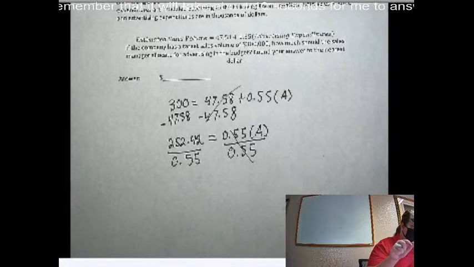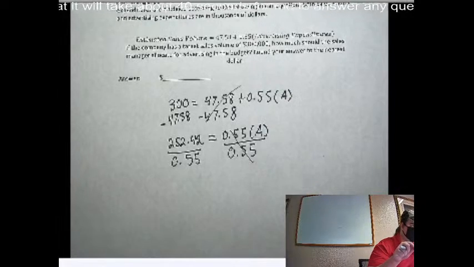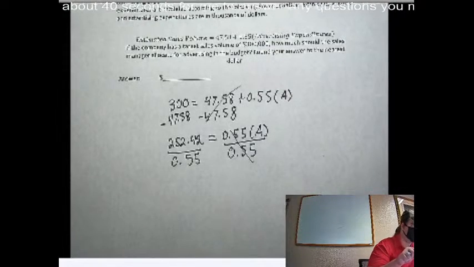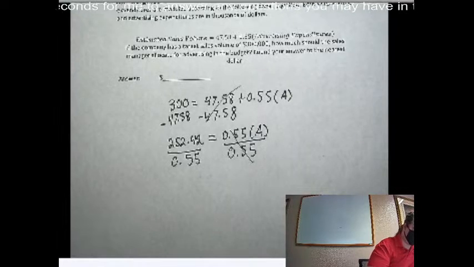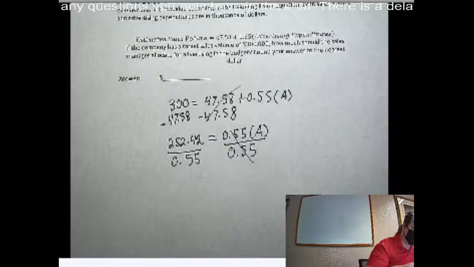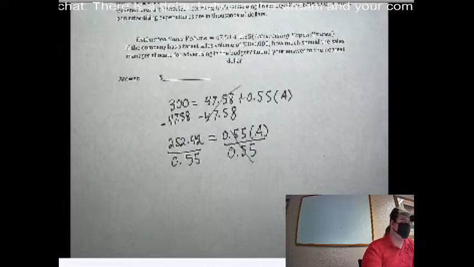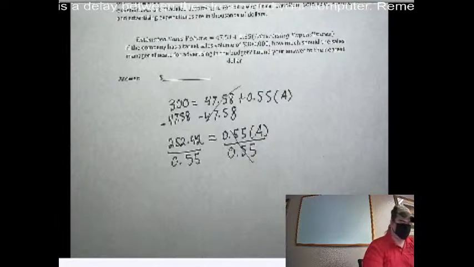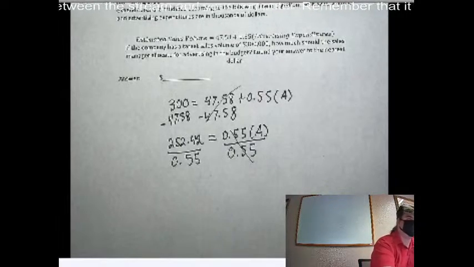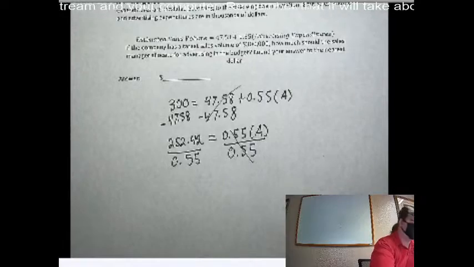And you did 300 minus 47.58, right? And then divide by 0.55. Oh, it worked that time. I guess I entered something wrong on the calculator.